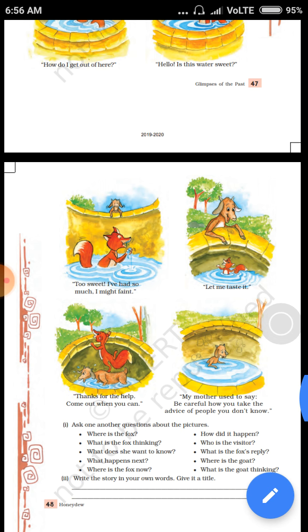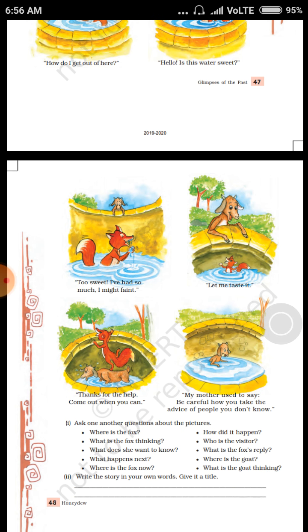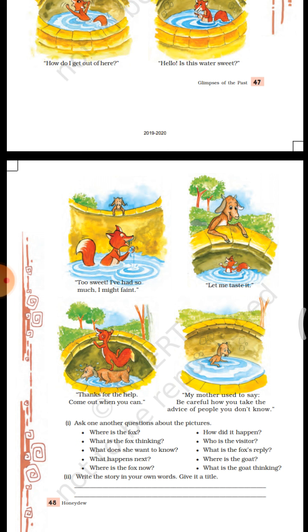Dear children, I have shown you this story because you have already studied this story in your class 8. Perhaps this will help you to write a story.